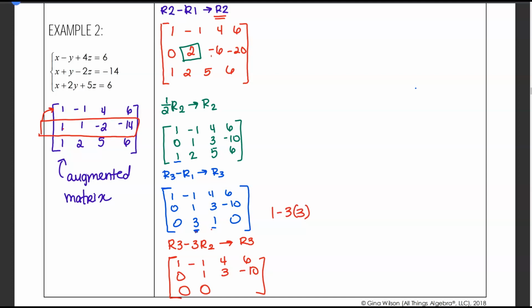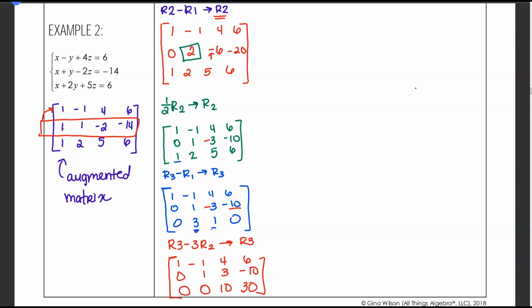I did drop a negative. Notice that's a negative. This should have been a negative. So we're going to end up with positive 10. And now I have 0 minus 3 times negative 10, so negative and negative is a positive. I'm going to end up with a positive 30.